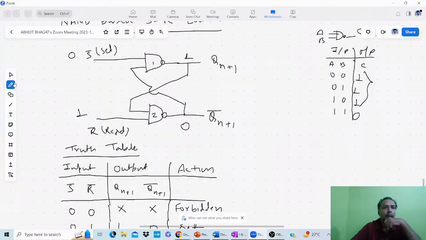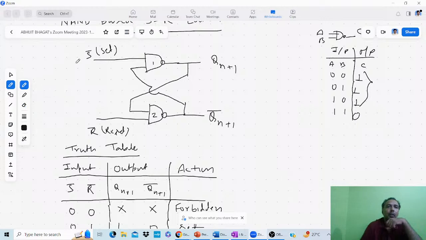Okay. Next is 1 0. So next condition is 1 0, it means this is 1 and this is 0.